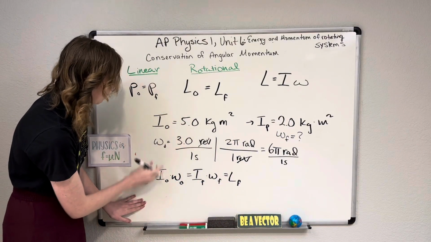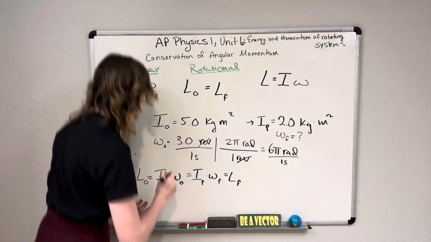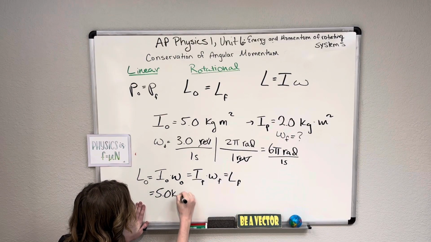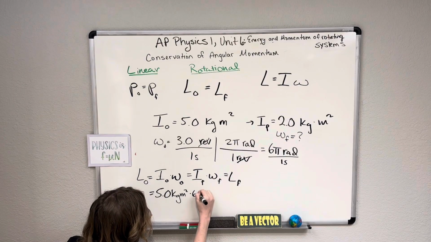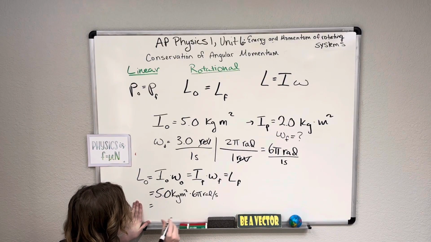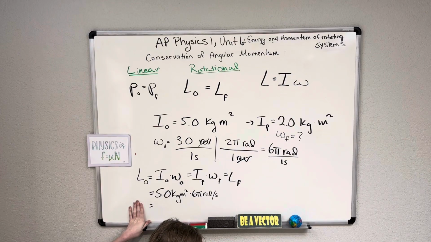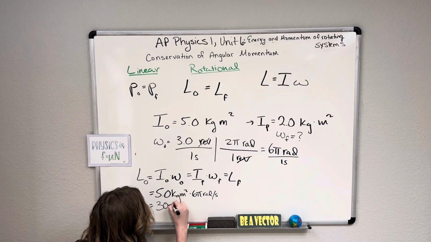Our initial angular momentum is just going to be these two numbers multiplied together, our moment of inertia times our angular velocity. So that would be 5.0 kilogram meters squared times 6 pi radians per second, which is going to give us 30 pi.